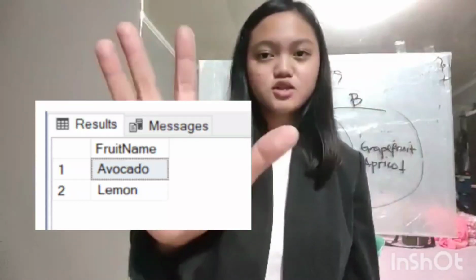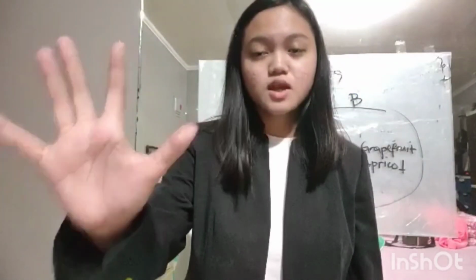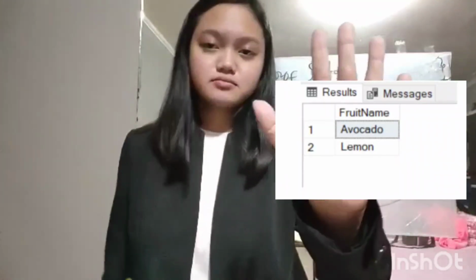As you can see on your screen, that is the result set for our first query. But when we change the order from this query to this query, the result set will still remain like this. In short, it will not change.